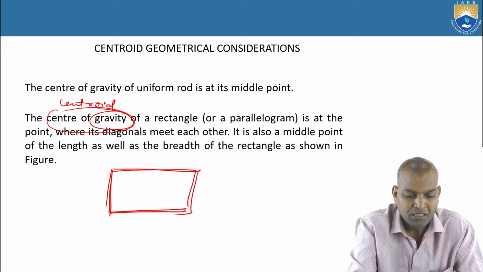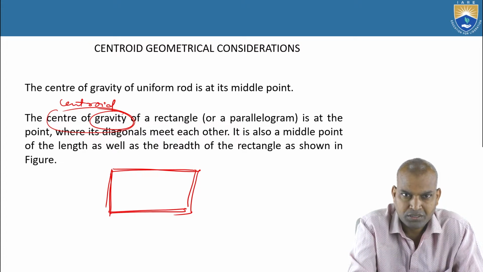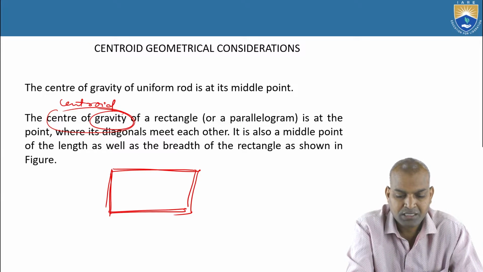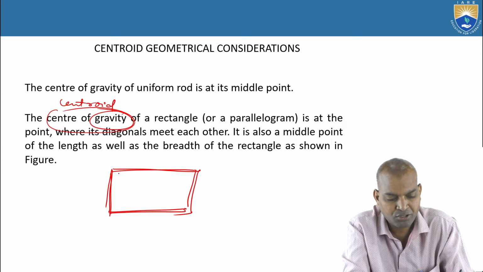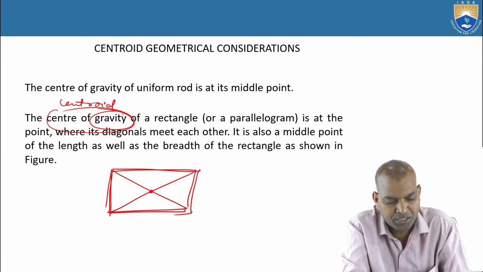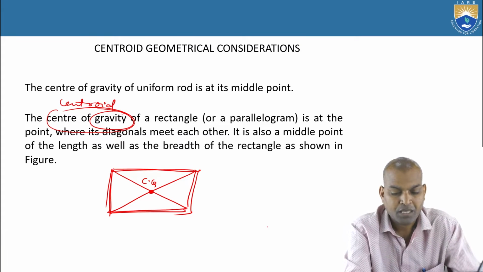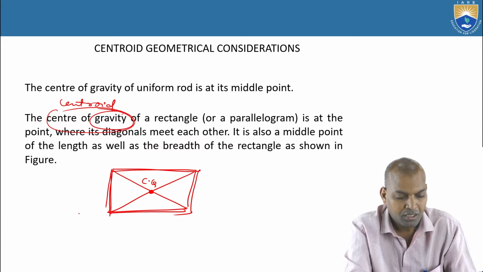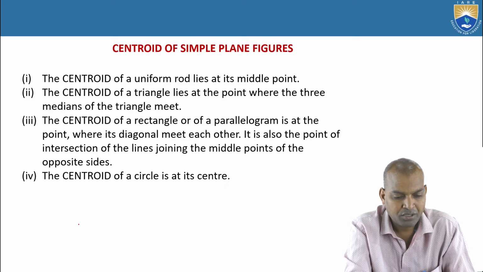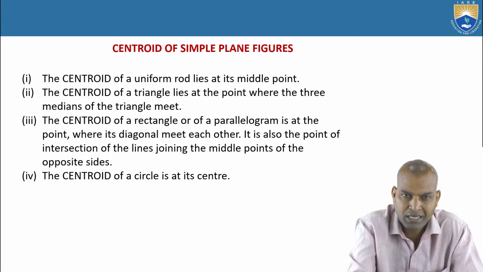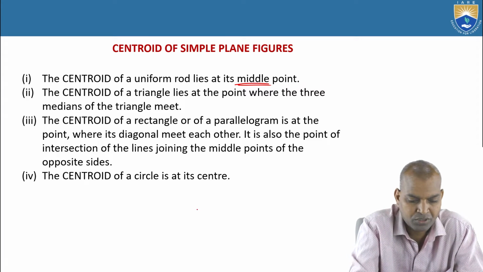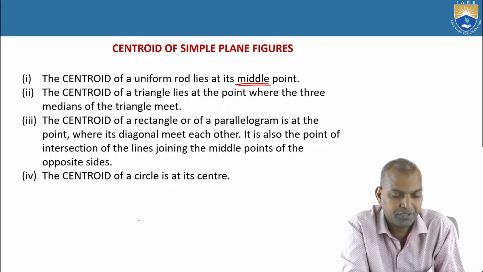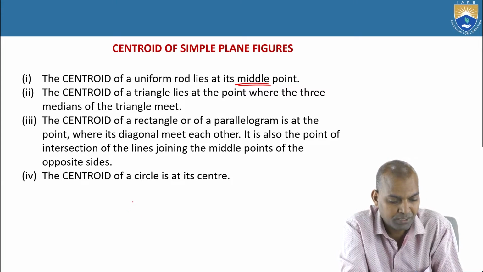Now here, the center of gravity of a uniform rod is at the middle point, and the centroid of a rectangle or parallelogram is where the diagonals, if we join them, intersect. The centroid of a uniform rod lies at the middle point, and the centroid of a triangle lies at the point where the three medians of the triangle meet.